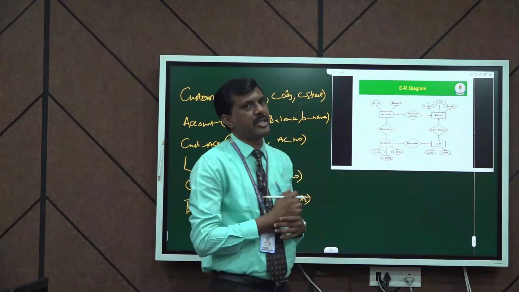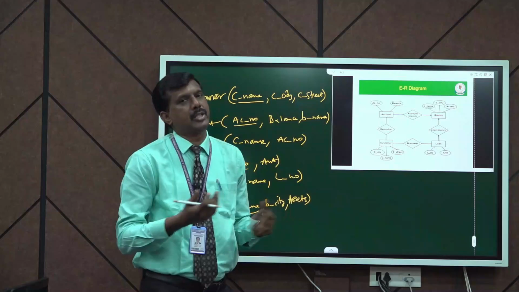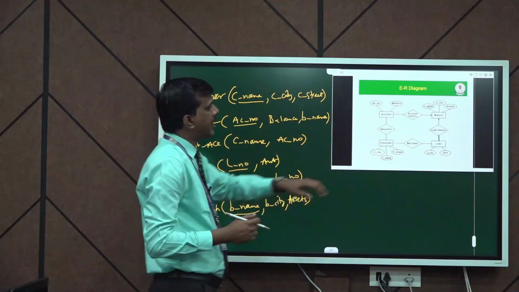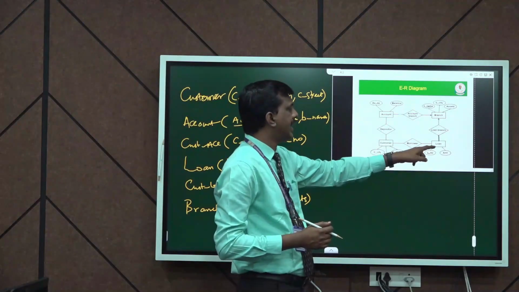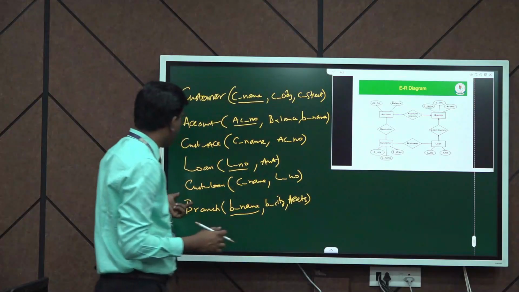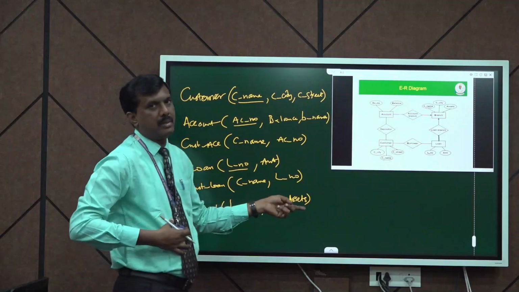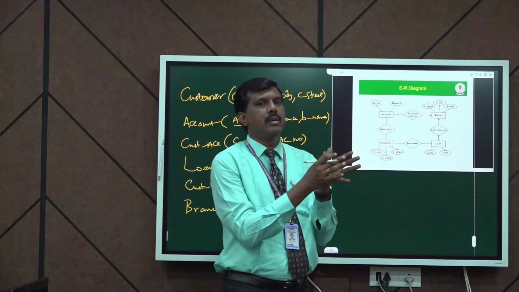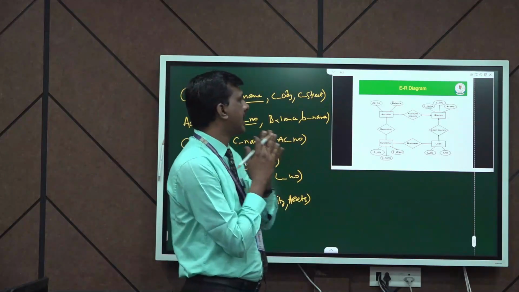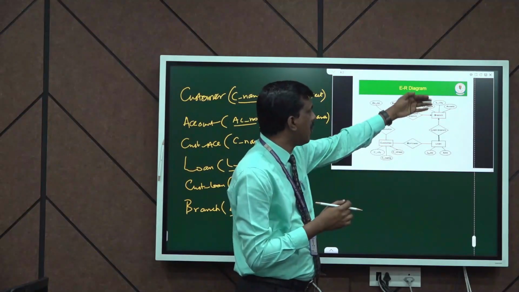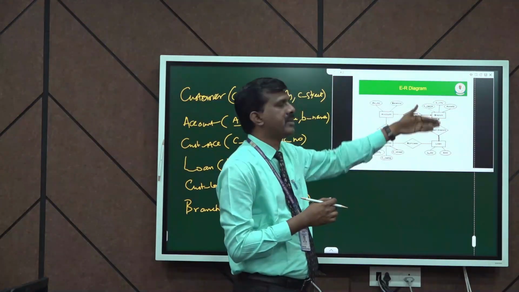We have one more relationship called loan branch. When you take loan and branch, we already created loan, and we also created branch. The only thing is we need to check the relationship. Here the relationship is many to 1, many loans for a single branch.